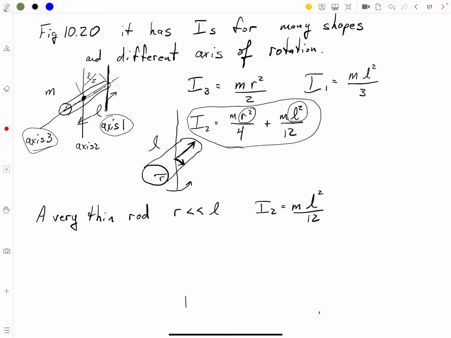Because this one's going to dominate this equation, okay? This I2 equation, this guy gets so small, this one gets small, and this one's big. It's such a big difference that you just may as well do this, okay?